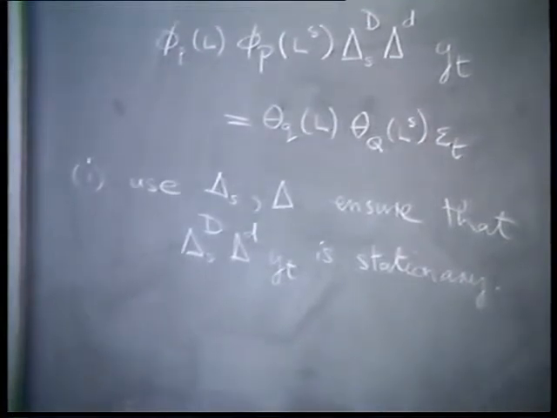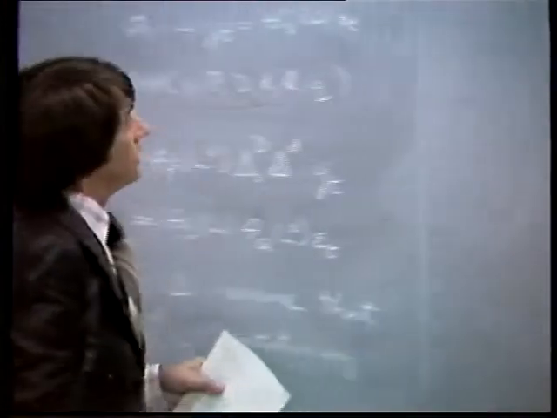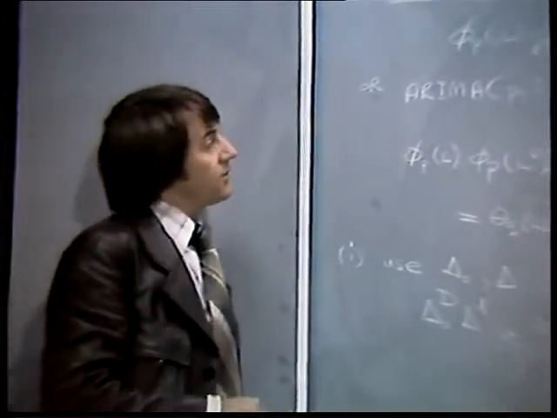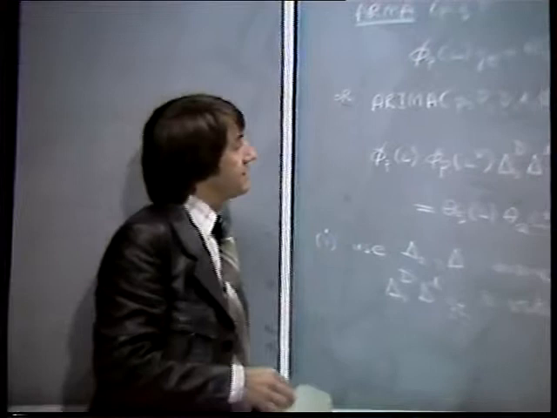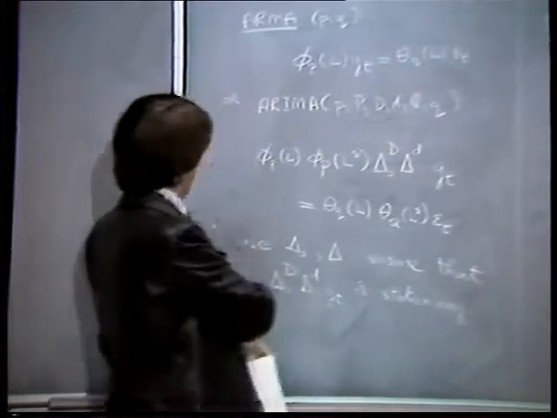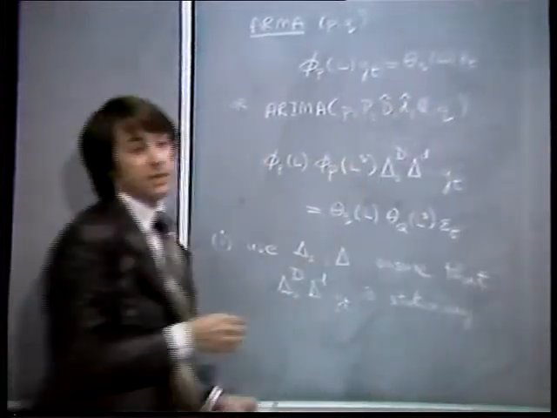And we check that by looking at the correlogram for this difference series. Having done that, we look at the correlogram for the difference series, and from inspection we want to identify the values of the remaining parameters. At this first stage, we've now determined the two D parameters.